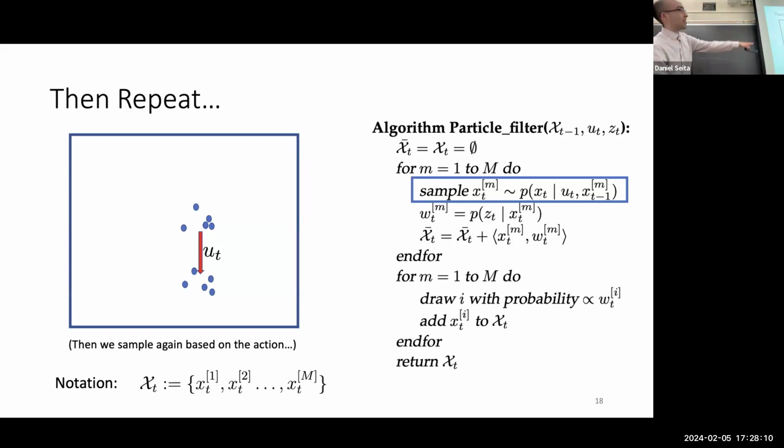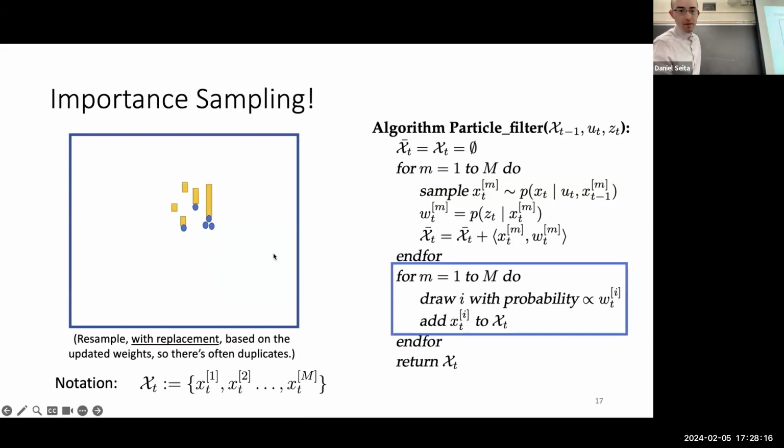Now the I is indicating the particles from here. Maybe we can draw it like 1, 2, 3, 4.